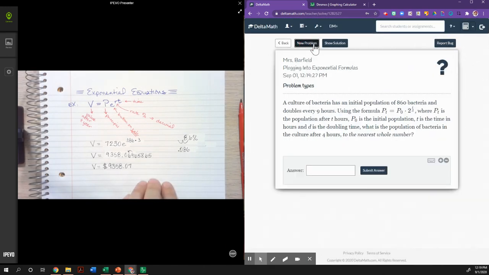Okay, so let's look at a new problem. It says a culture of bacteria has an initial population of 860 bacteria and doubles every 9 hours.